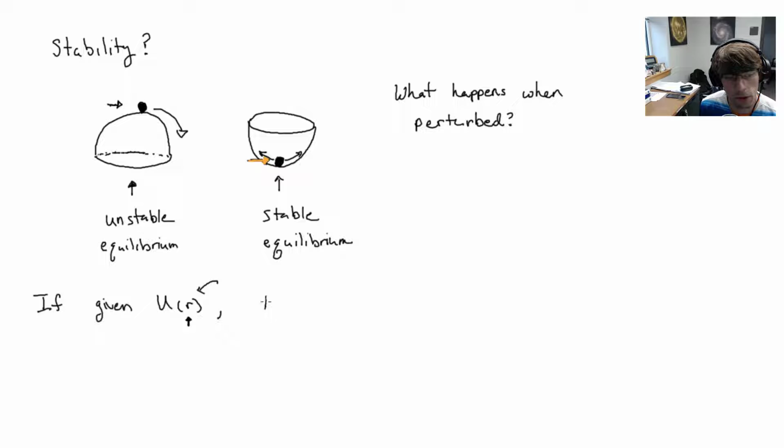So the force is simply negative dU/dr. We've done that just via the definition of work. So we have work is equal to the integral of F dot dr. And then for conservative forces, work is equal to the negative change in potential energy.